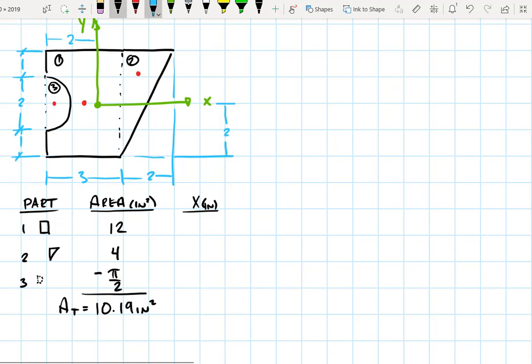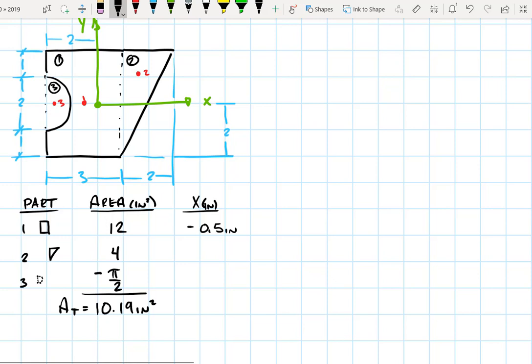Okay. So it turns out that the x coordinate of part 1's centroid, so dot right here, this is 2, that's 3, is negative 0.5 inches.